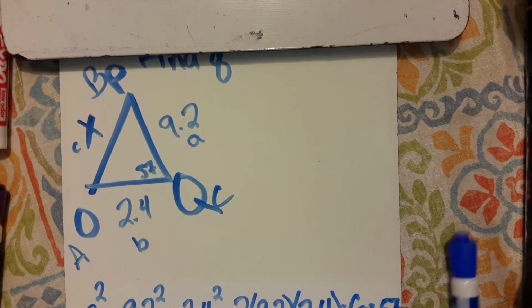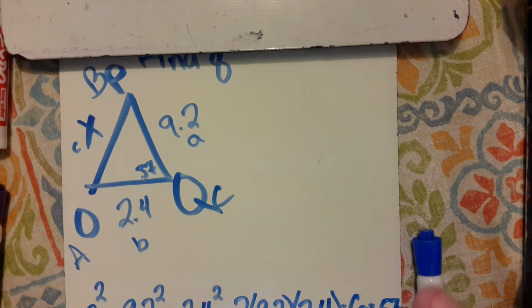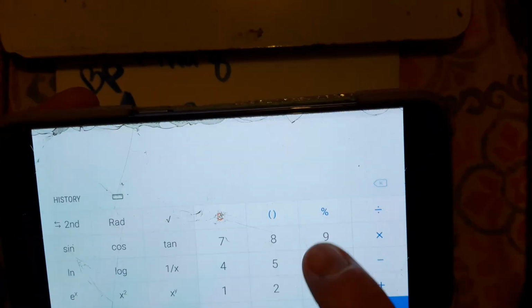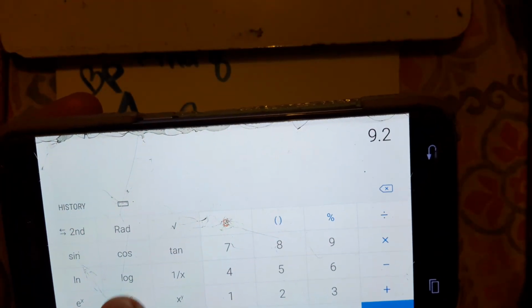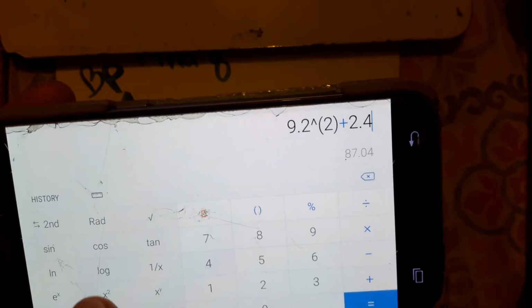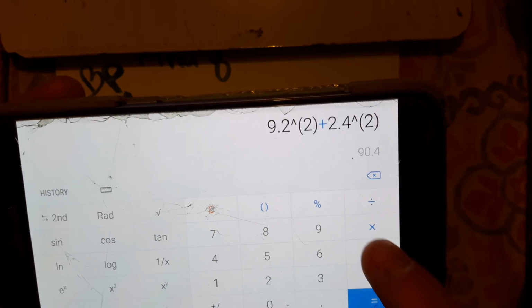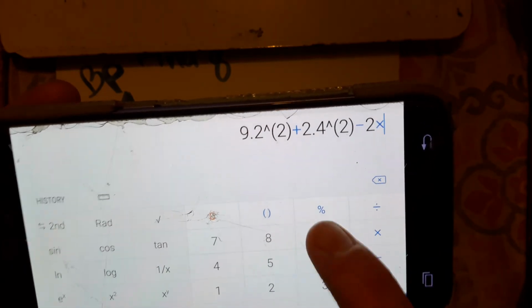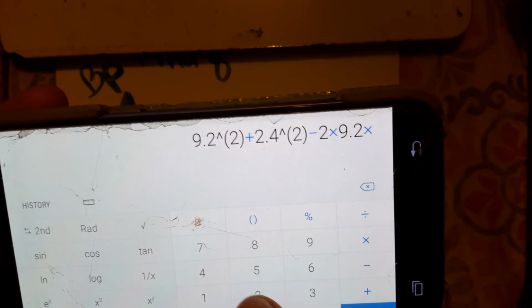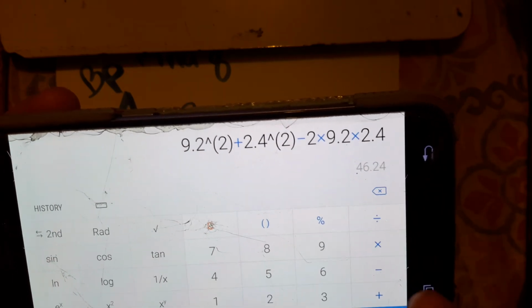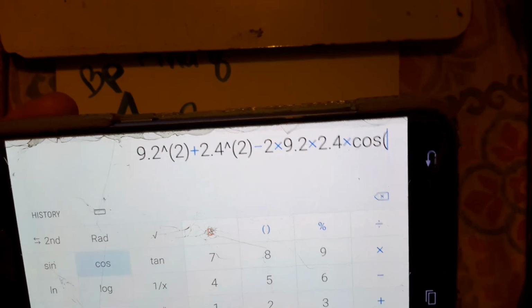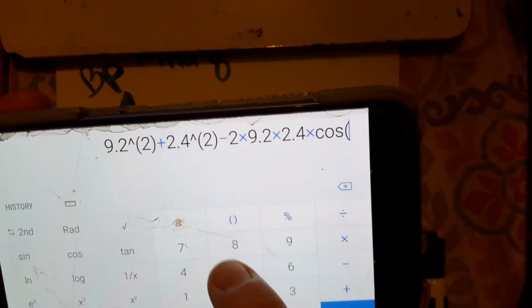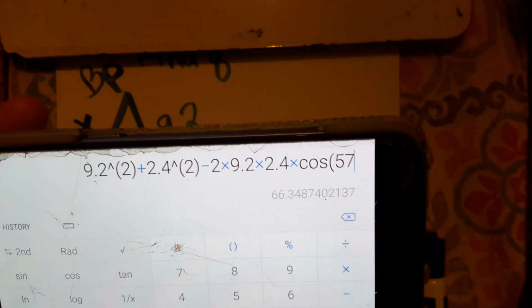And again, I can plug that into my calculator. So I have 9.2 squared plus 2.4 squared minus 2 times 9.2 times 2.4 times the cosine of 57.